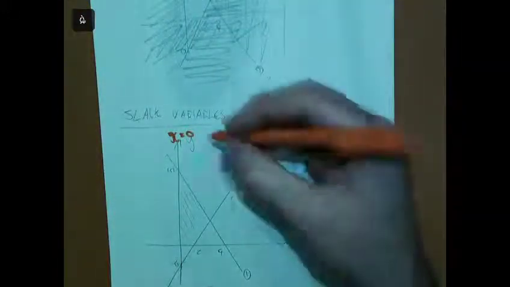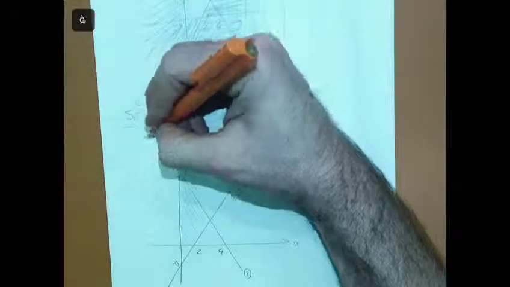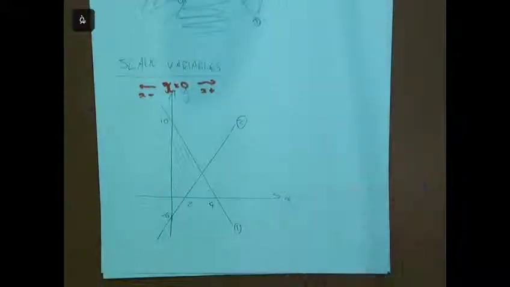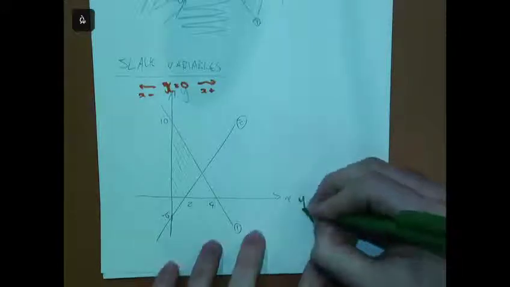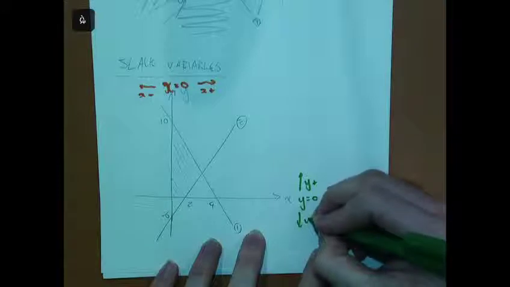Over this side is where x is positive, and over this side is where x is negative. And down here, the x-axis does the same thing. On the x-axis is where y is equal to 0, and up here is where y is positive, and down here is where y is negative.